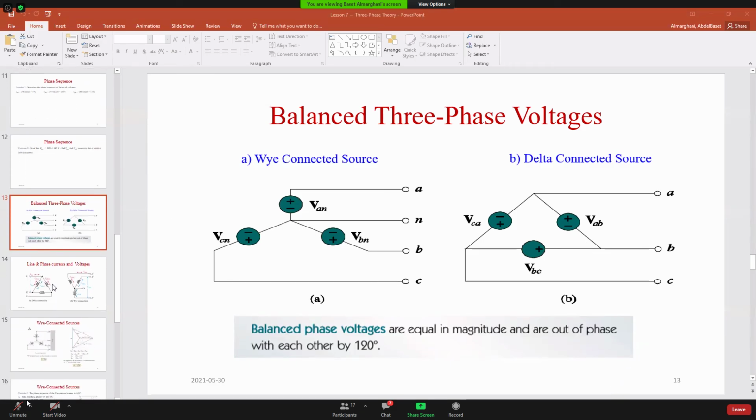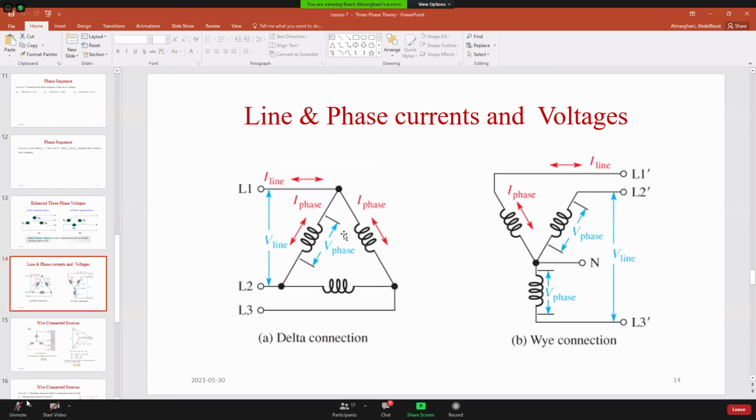Then we take the phase values across the phase and the line values across the line: line current, line voltage, phase current, phase voltage, just where they are.